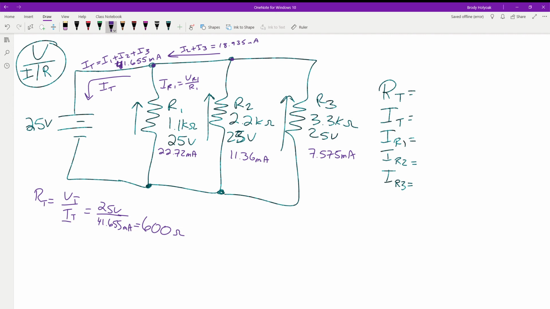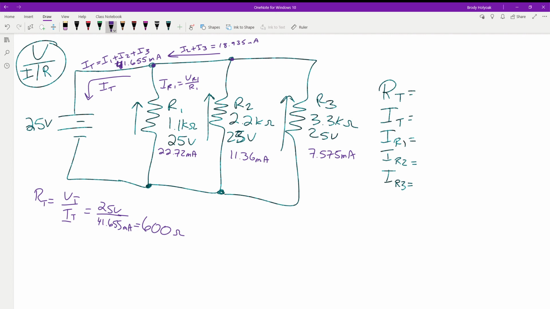Yes, it's supposed to be an I, not an extra R. Okay, yeah, so resistance, remember, is voltage divided by current, not throwing another resistance in there to solve for itself. So we have 600 ohms by calculating based on our current flows.